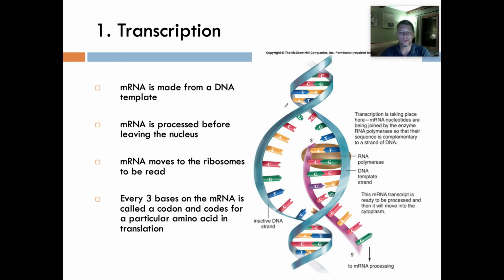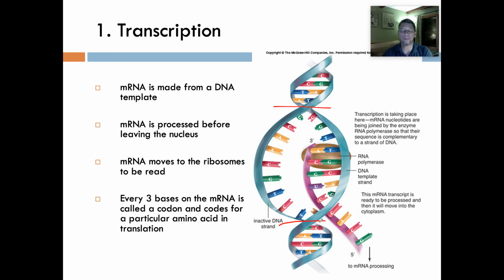So, for example, I know this isn't 3,000 base pairs, but let's pretend from here to here represents one gene. In reality it's much longer than that, but let's take it from there. What's going on in this scenario is that transcription is taking place.